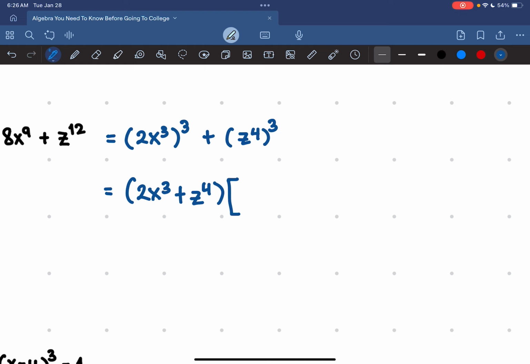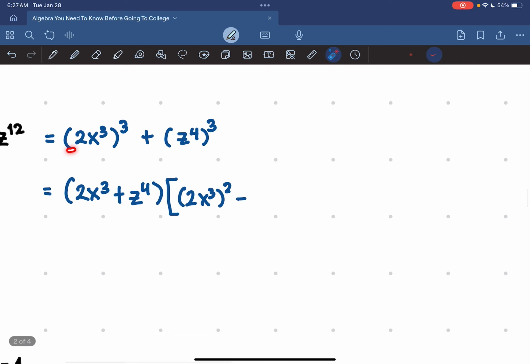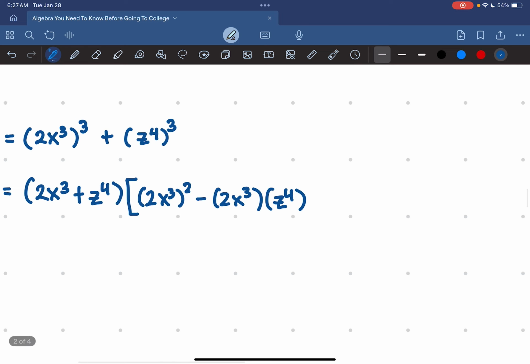So we'll have 2x cubed squared minus, again recall that from what I've written a while ago, these two must be opposite, minus the product of these two, so that would be 2x cubed times z raised to 4, plus the square of the last.